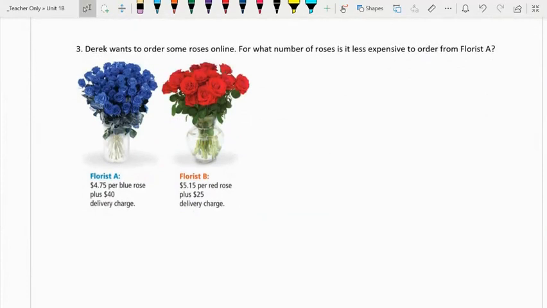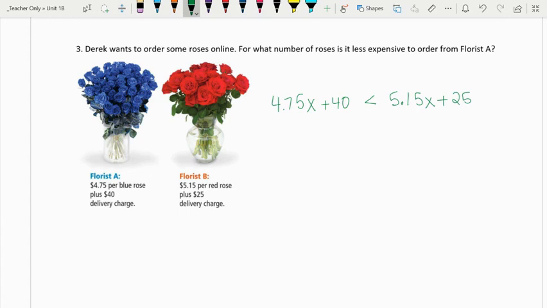All right, and then our last problem. On this one, it says Derek wants to order some roses online. For what number of roses is it less expensive to order from florist A? So florist A is $4.75 per rose plus $40. And we want to know when it's less expensive than doing $5.15 per rose plus $25.